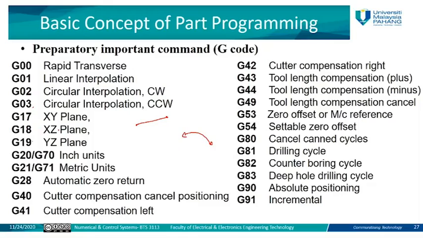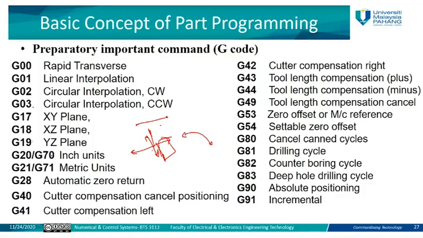G17 is for the XY plane, then the XZ plane and the YZ plane, and so on. It depends on the 3D planes we have in chapter 2, where X moves left and right, Y moves front and back, and Z moves up and down. So it depends on which plane you are going to work with: XZ, YZ, or XY.